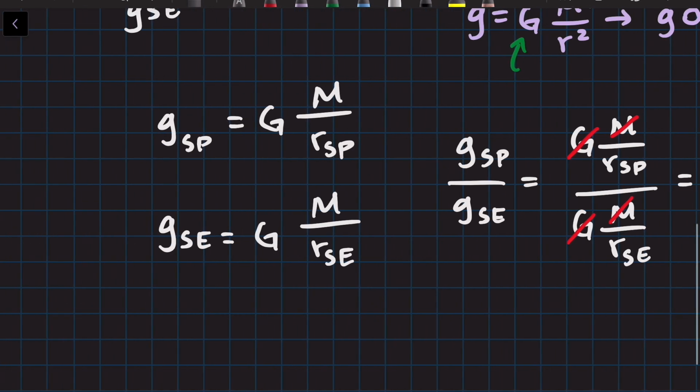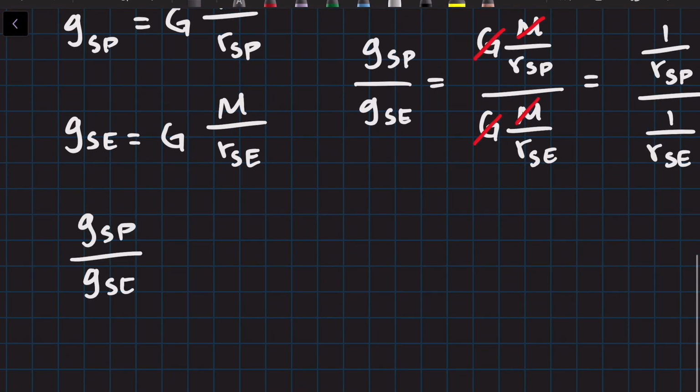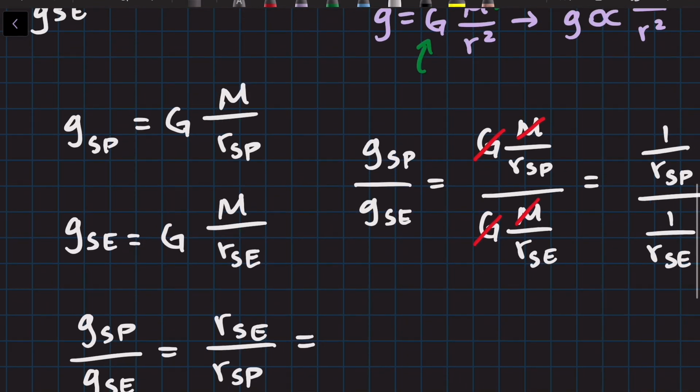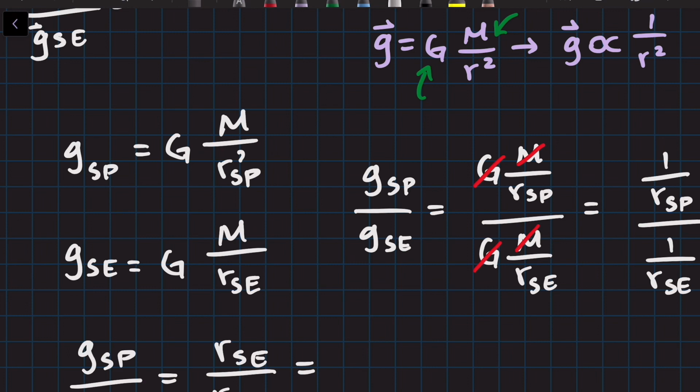So that means we'll get that the ratio between the gravitational fields is going to be the ratio between the distances, but flipped. Instead of having the Pluto distance as your numerator, you're going to have it as your denominator. So then if we plug in our numbers, we'll get, oh, I forgot the square on all of them. Sorry.